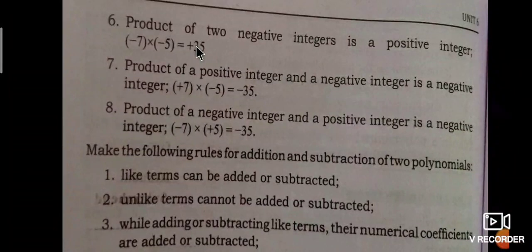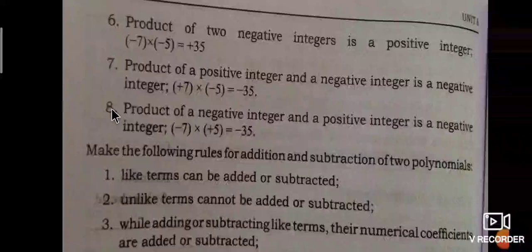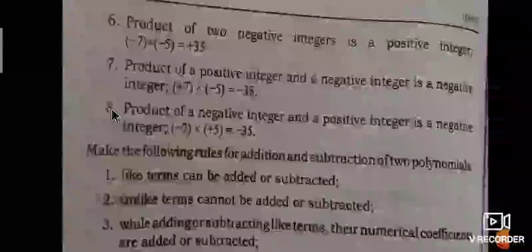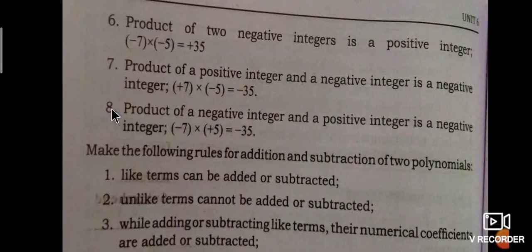Next, the product of a positive integer and a negative integer is a negative integer. Plus 7 into minus 5 is equal to plus into minus is equal to minus, 7 5 is 35.